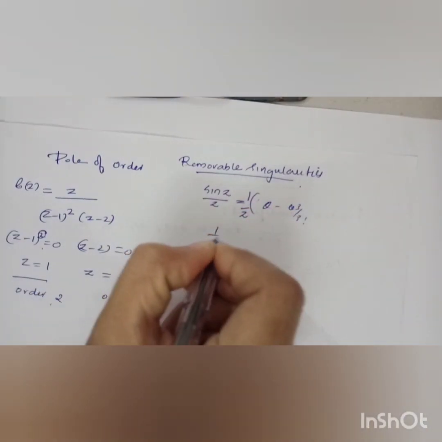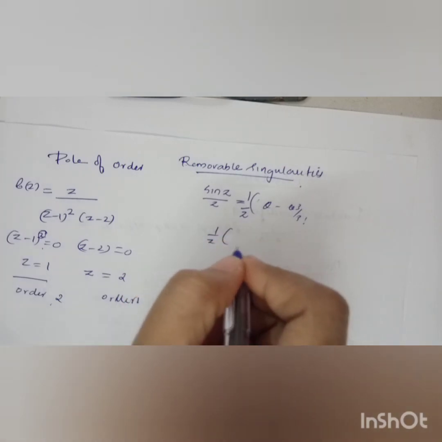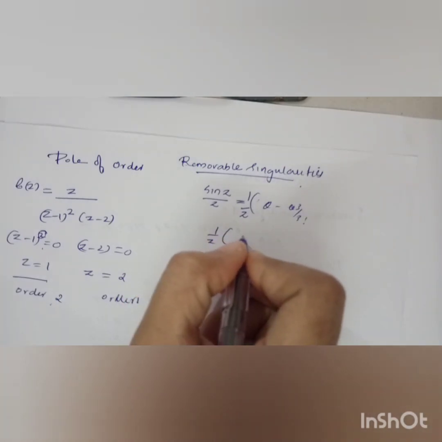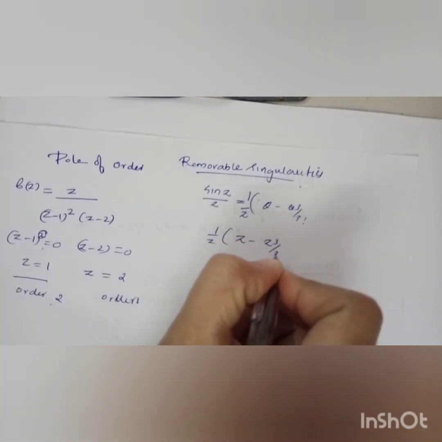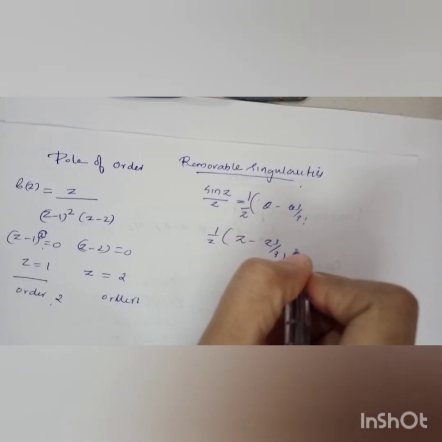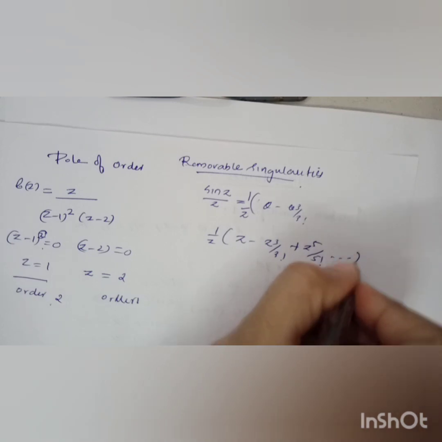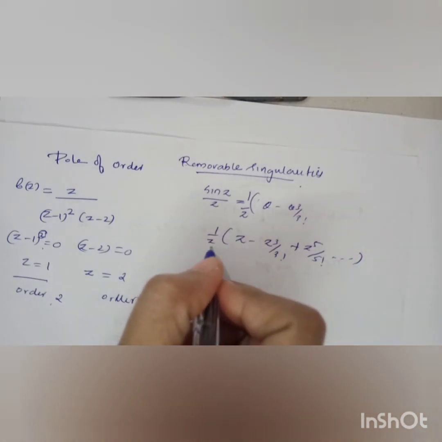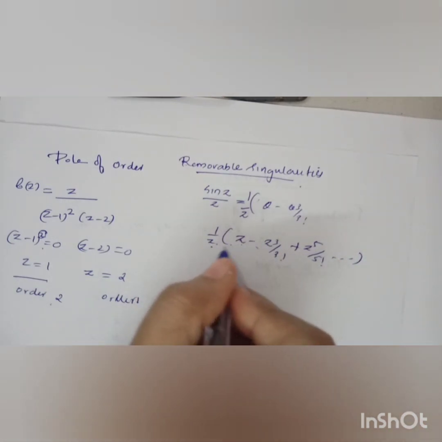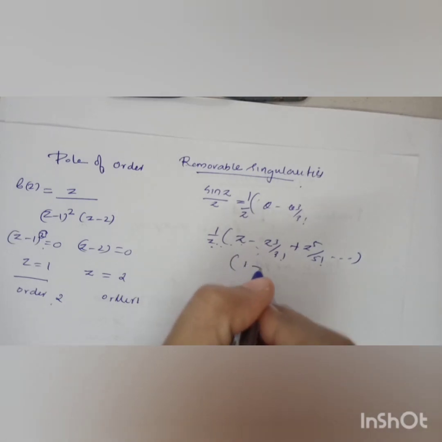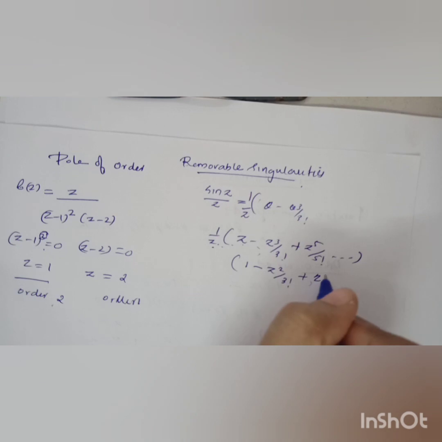So here 1 by z into (z minus z cube by 3 factorial plus z power 5 by 5 factorial, like that). If you multiply the z inside, we get 1 minus z square by 3 factorial plus z power 4 by 5 factorial, like that.